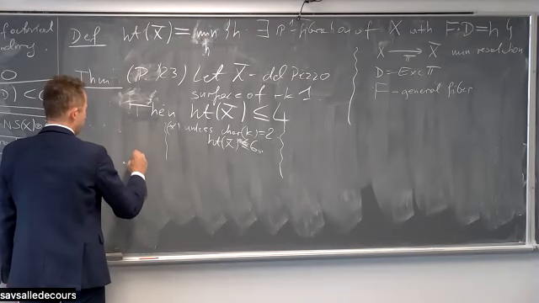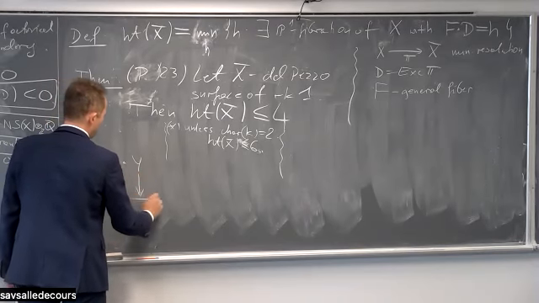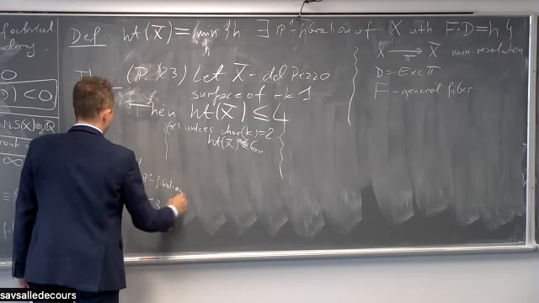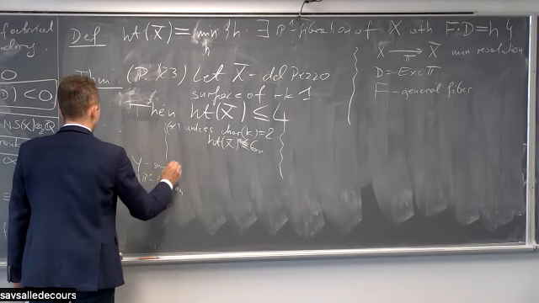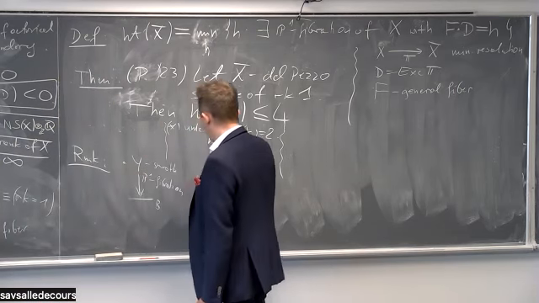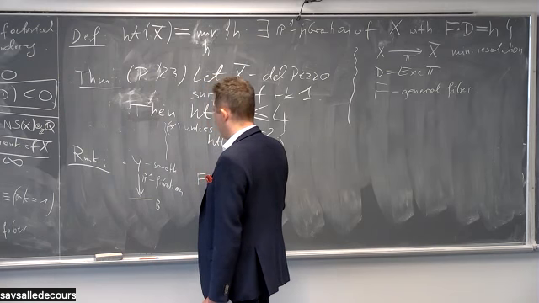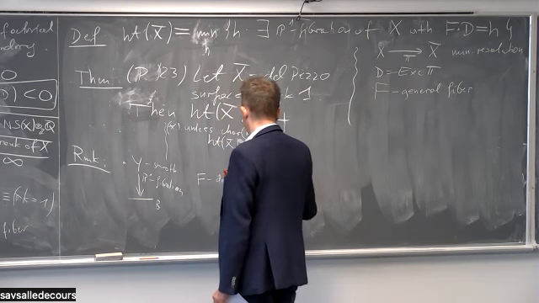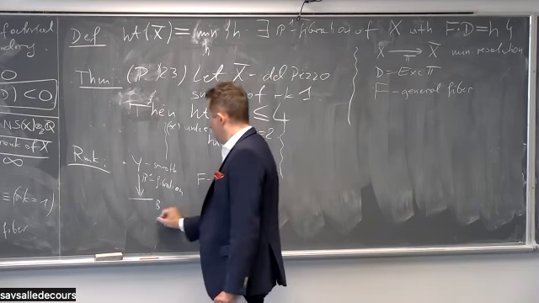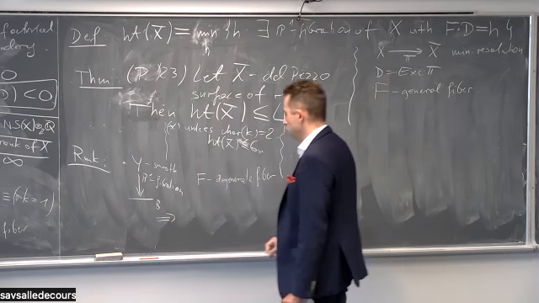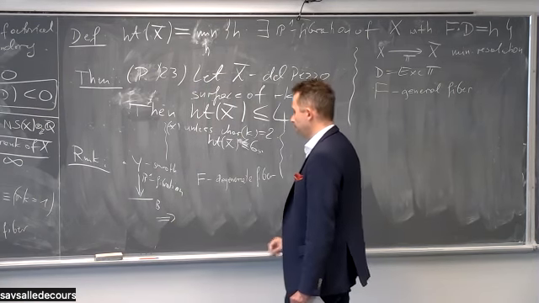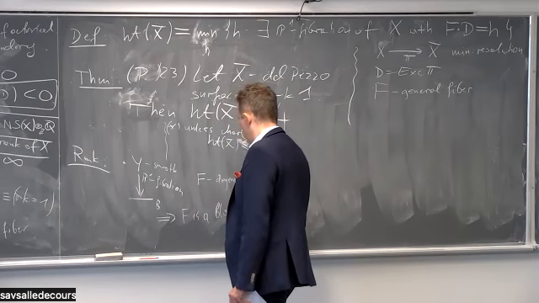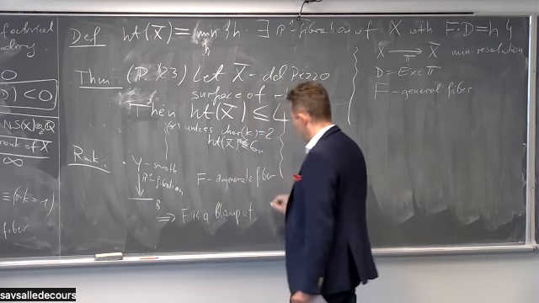If you have a P1 fibration over a curve of a surface which is smooth, and F is a degenerate fiber, then F is a blow-up of this model.